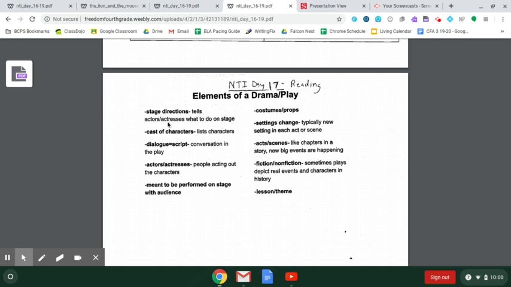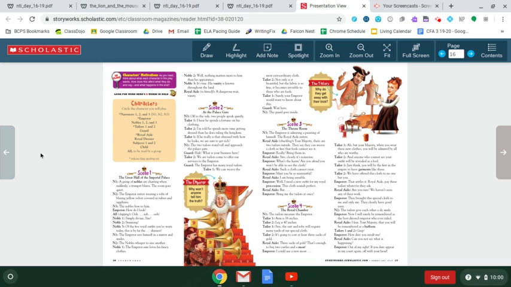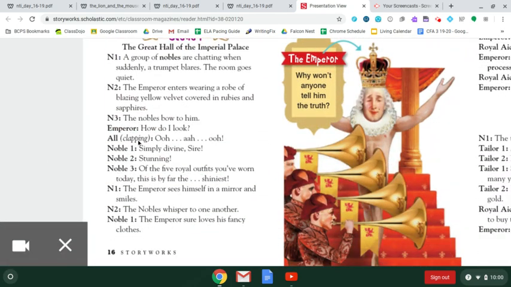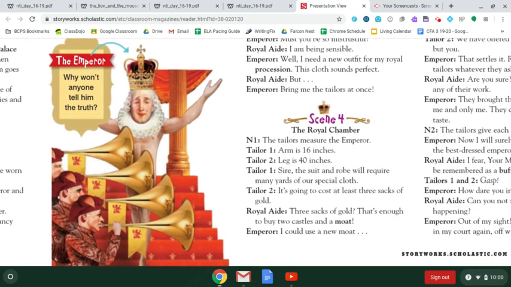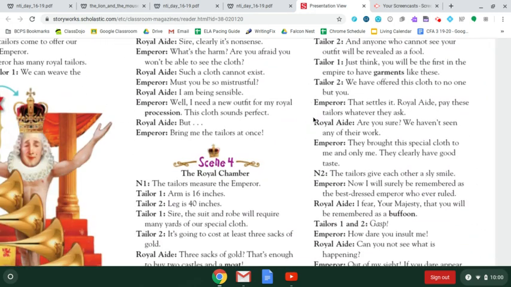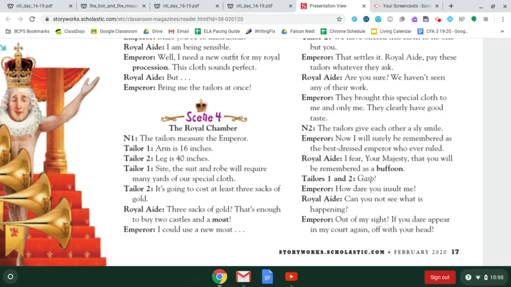Those tell the actors or the actresses what to do on stage. I have here another example of a different play for you guys, and I wanted to show you some of the stage directions. You guys know this because we've done plays together before, like in Iona the Brave, but just to refresh your memories, right there in parentheses where it says clapping, that's telling the actors that they need to clap during that scene. Right here, chuckling, okay? That sort of thing.